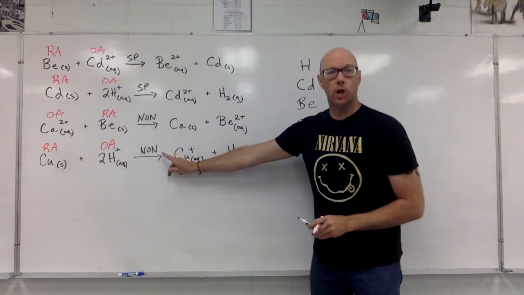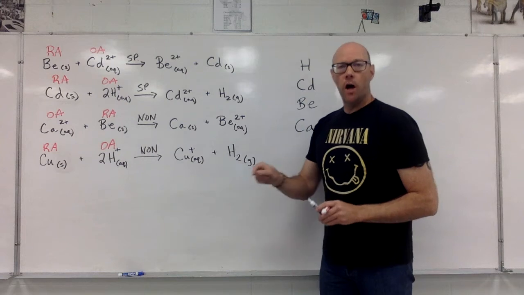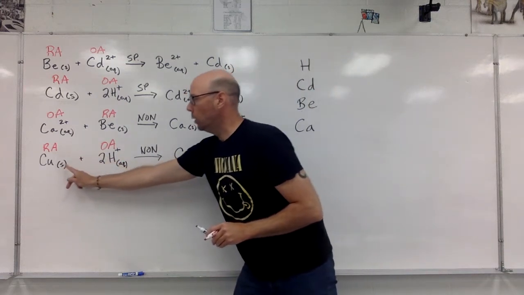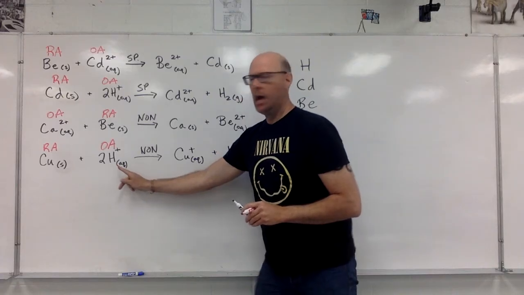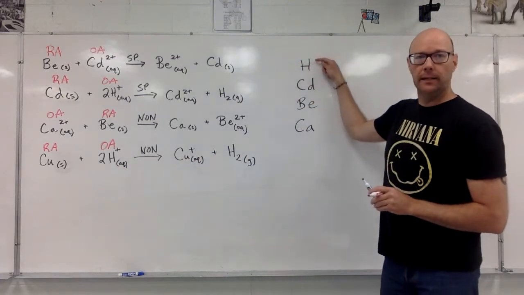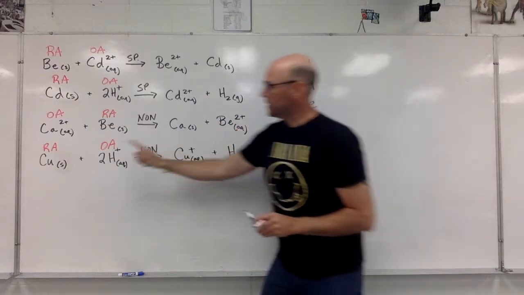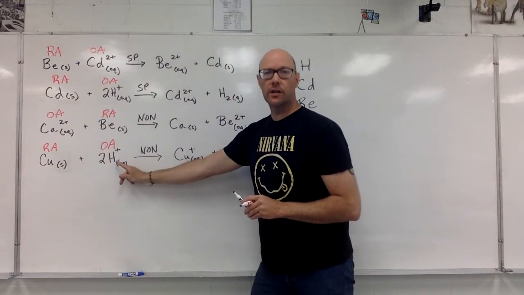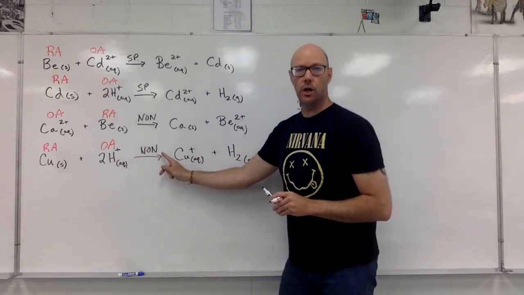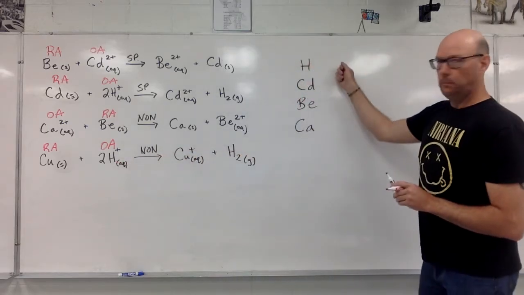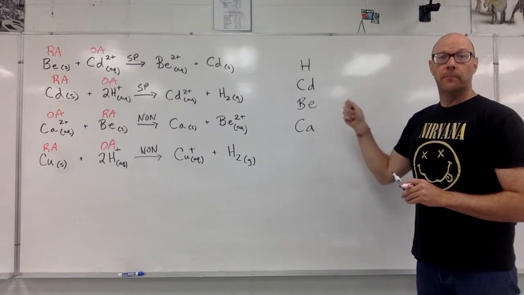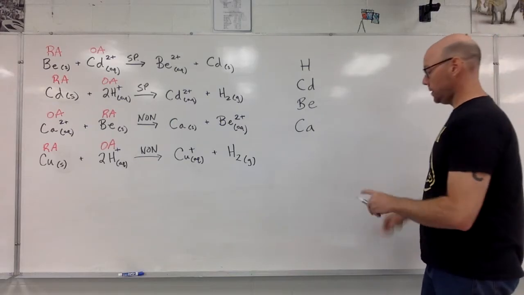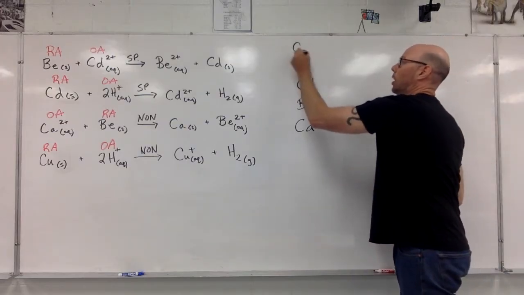Again, we're told that it's non-spontaneous. Non-spontaneous means the OA is below the RA. I already have hydrogen here in my list, and this is saying that the reducing agent copper solid is higher than the oxidizing agent because it's non-spontaneous. So here, what I need to do is put the copper above. So this is the copper up there.